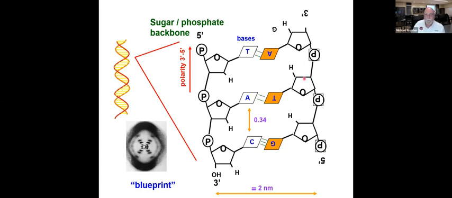But in their writing, they not only proposed the model of how it looks, remember all the things that DNA has to be able to do, or at least any genetic material has to: store lots of information, be easily replicated, be replicated with high fidelity, and all that. Well, they proposed a model of replication at the same time.